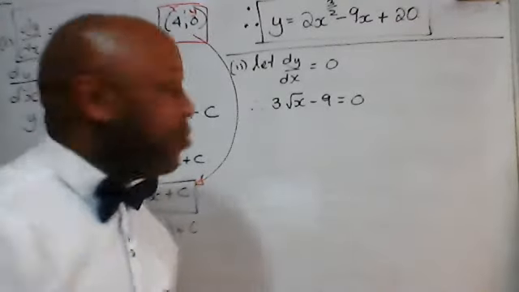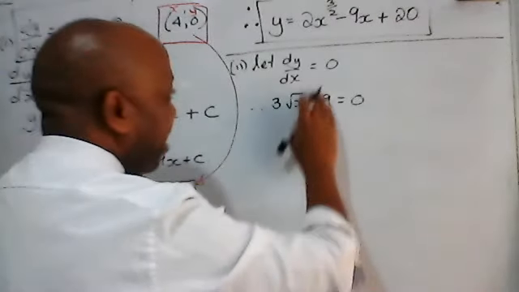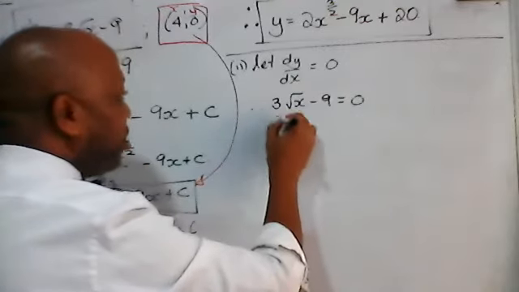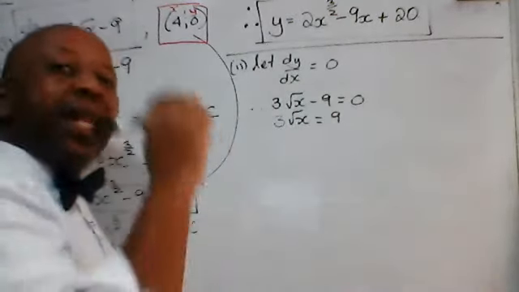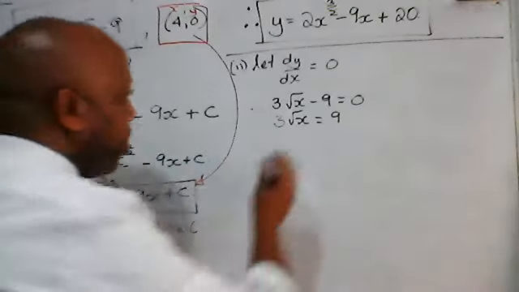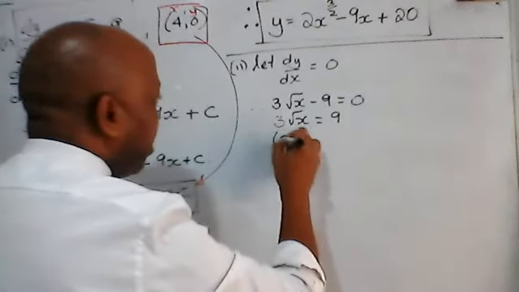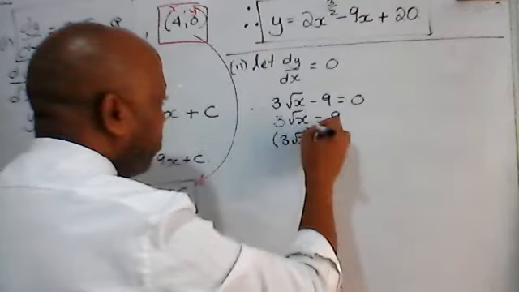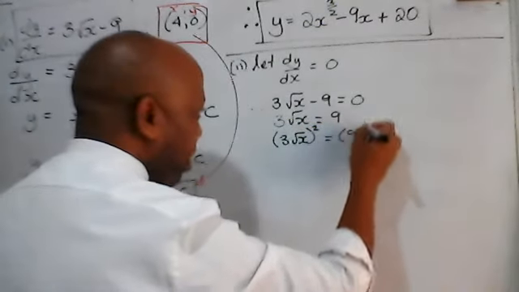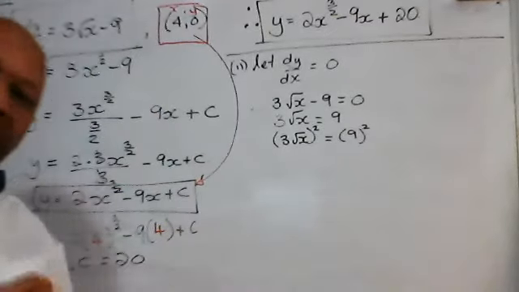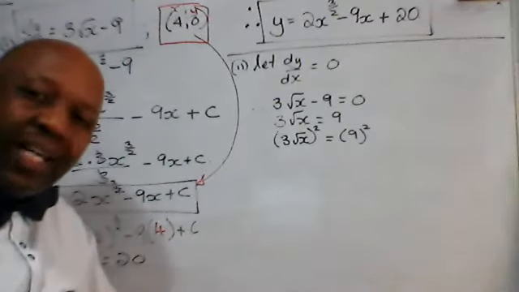So the best thing to do here is take the negative 9 to the right-hand side. You get 3 root x is equal to positive 9. Now square both sides of the equation. Squaring 3 root x removes the square root, and we do the same thing on the right-hand side to make sure the equation remains balanced.